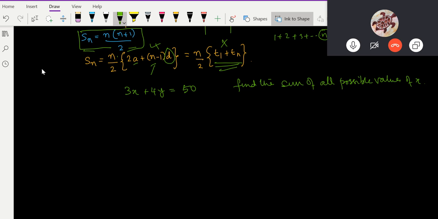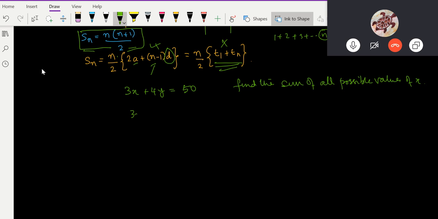Remember we did this yesterday? Can we leave x on the left hand side and take all the values to the right hand side first and then solve it? Correct.